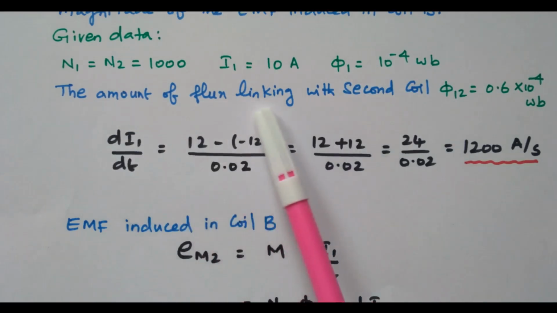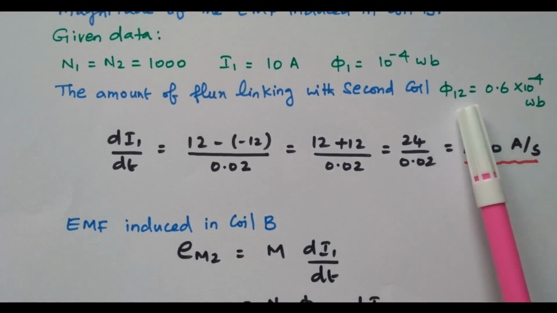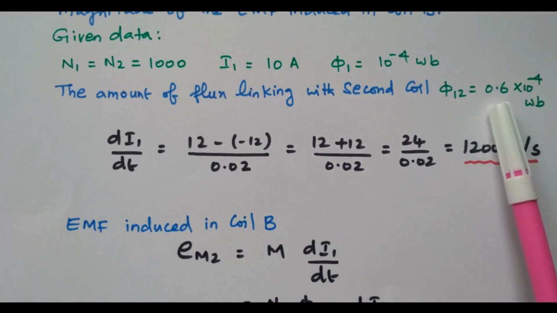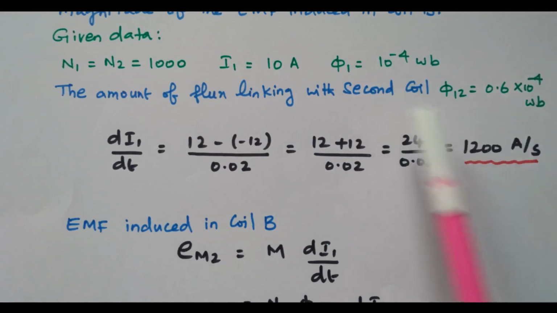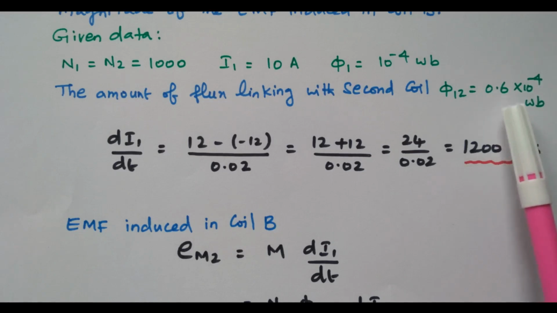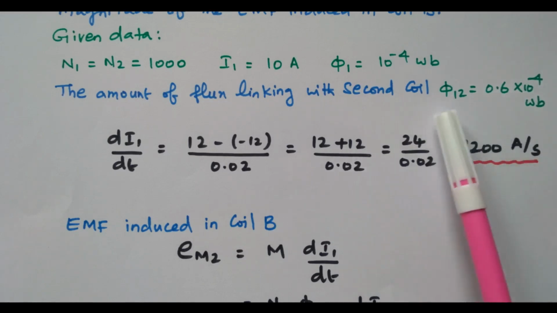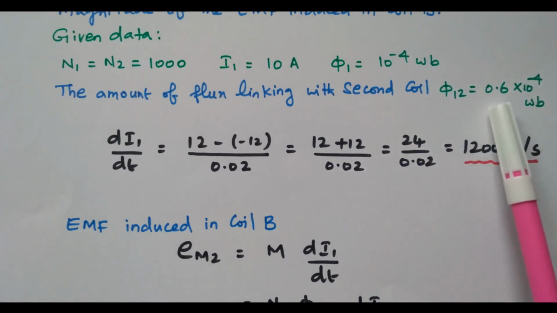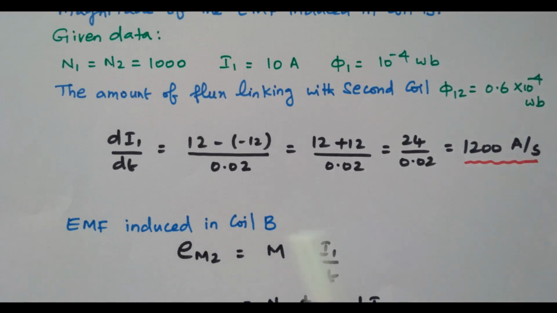So the amount of flux linking the second coil is phi 12 equal to 60%, 0.6 into this phi 1, which is 10 to the power minus 4. So phi 1 equal to 10 to the power minus 4, and in that 60% is linking with the second coil. So phi 12 equal to 60% into phi 1.